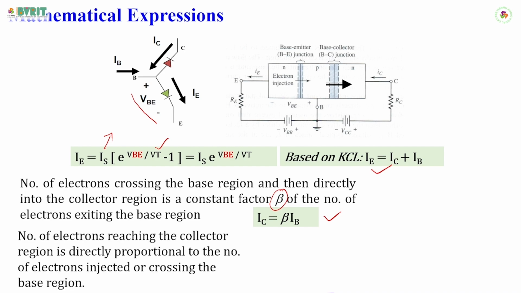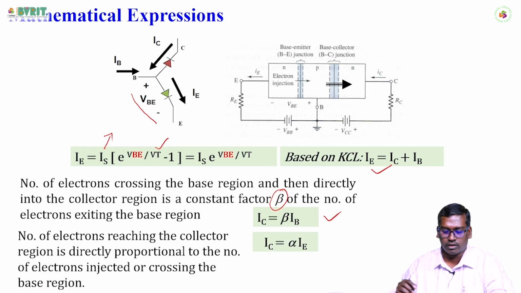The number of electrons reaching the collector region is directly proportional to the number of electrons injected or crossing the base region. That's called IC is equal to alpha times of IE. So alpha is a current gain in common base configuration, where beta is a current gain in common emitter configuration.